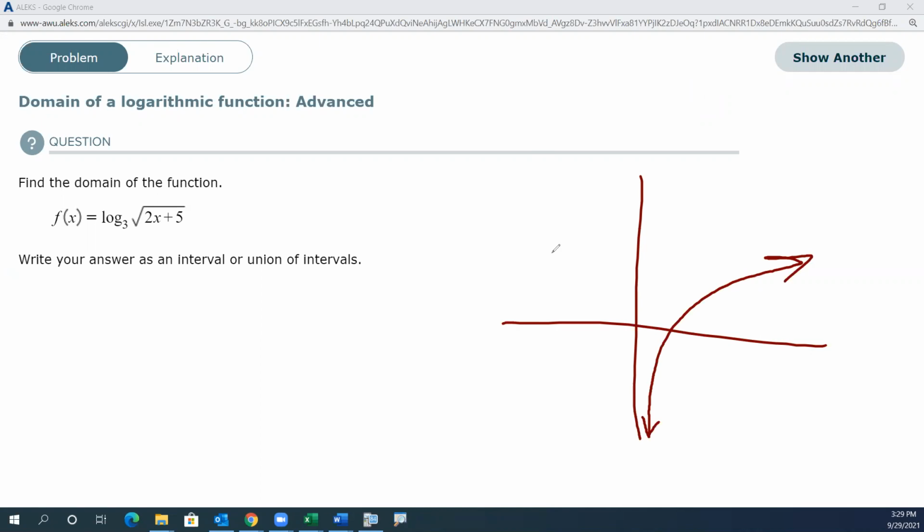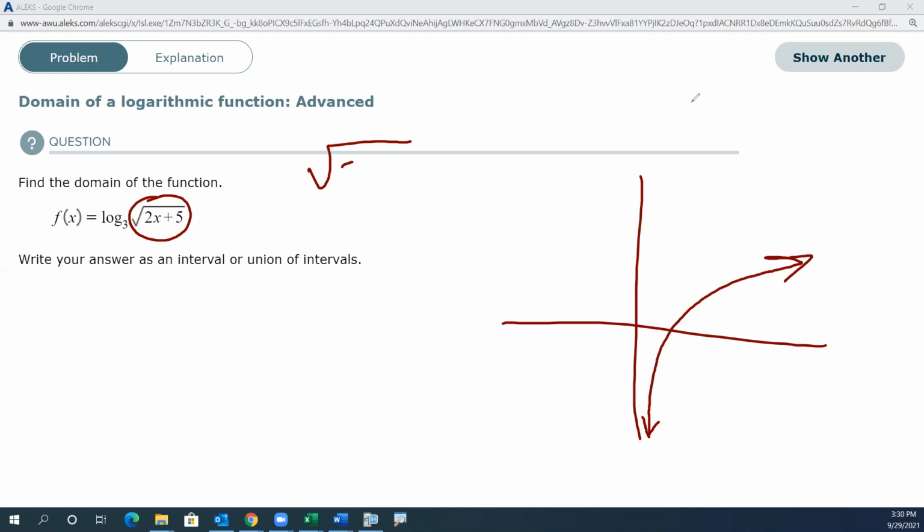So whatever's being plugged into the function has to be positive. We don't have to worry about the whole denominator thing, but we do have to make sure that thing is positive.